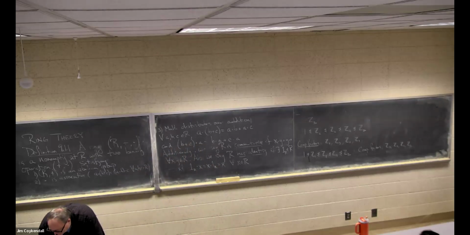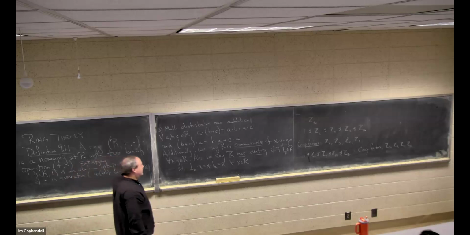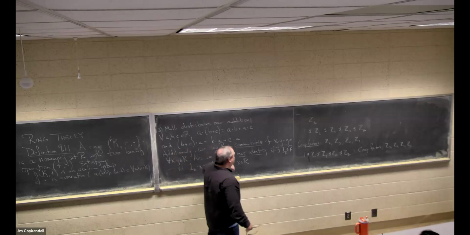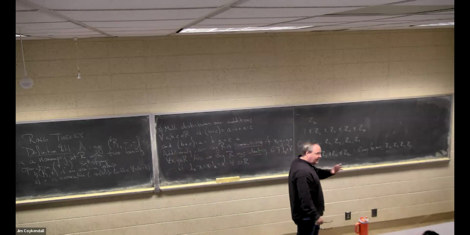So we say that the ring is with identity if there's a magic one that multiplies everything on either side and gives you x. We say it's commutative if the order of multiplication doesn't matter.